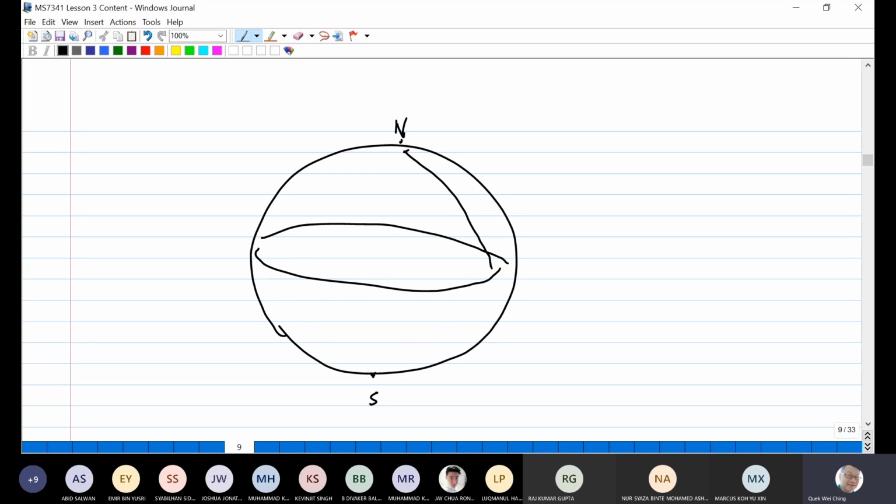This is part of a great circle. Remember, a spherical triangle comes from great circles. So maybe I try to draw a great circle passing through the North Pole and South Pole. A great circle is always a big circle.